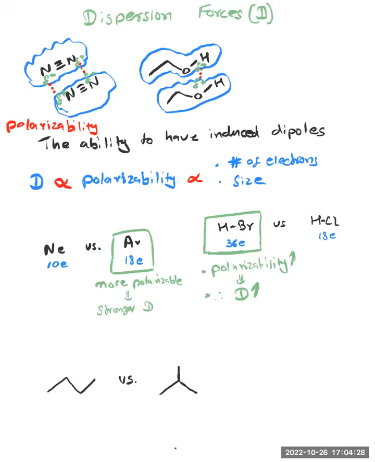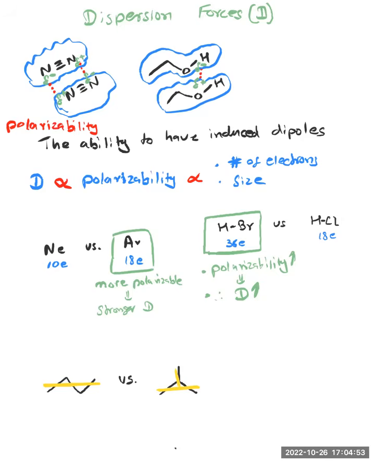The first butane is called normal butane. You see that it's a linear molecule. It looks like a line. It's a linear molecule, no branching. But the isomer on the right has the main molecule going like that, and then a branch sticking out.